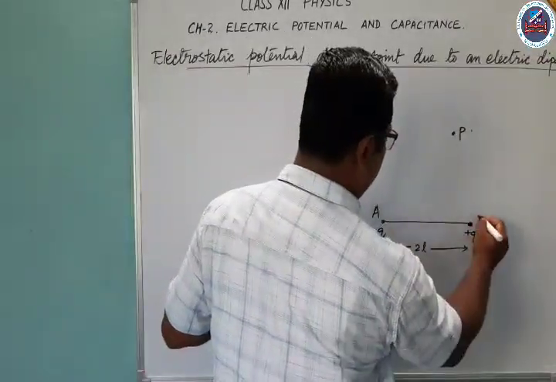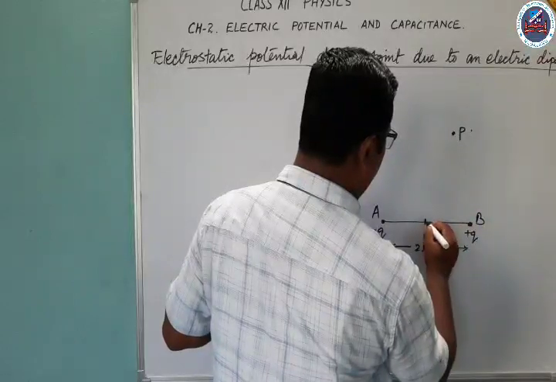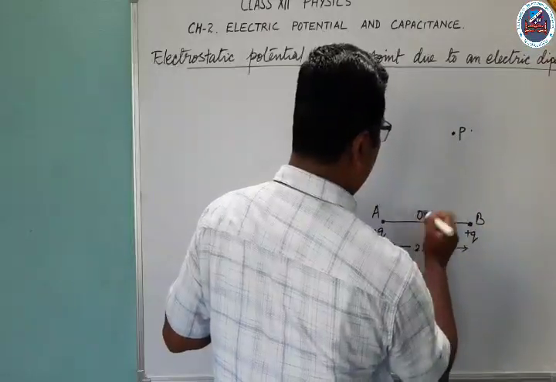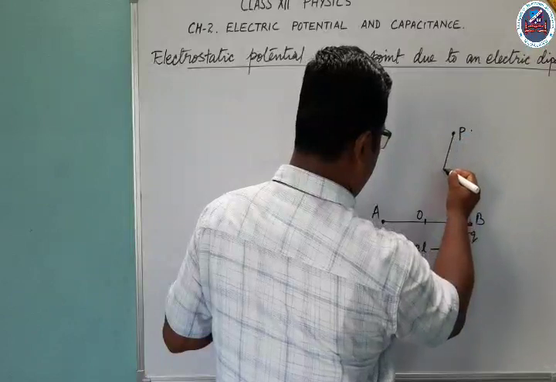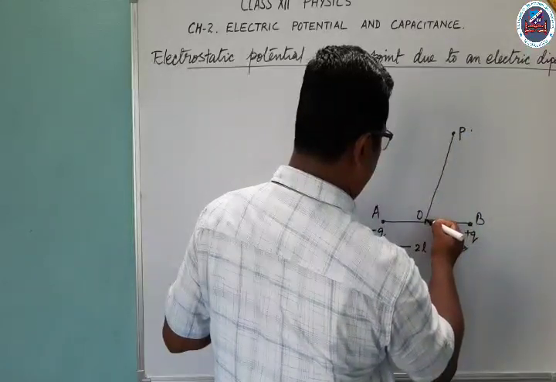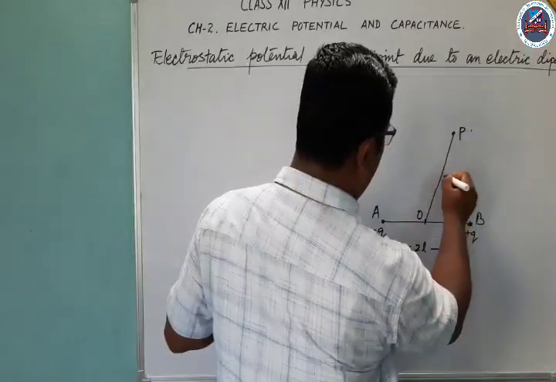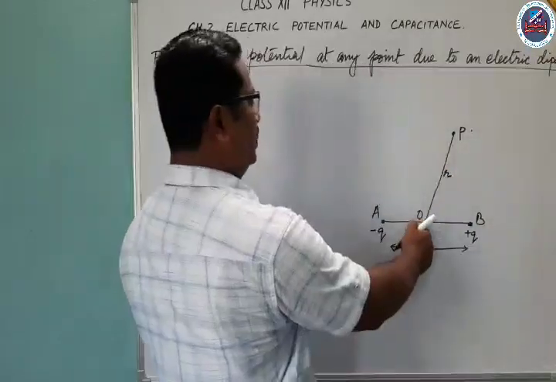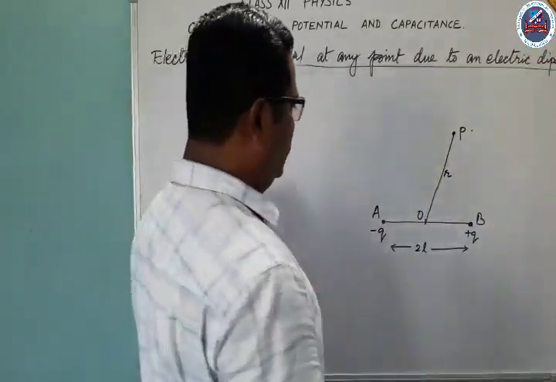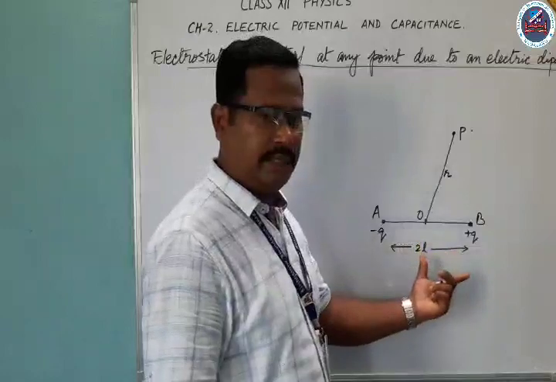This dipole we marked as AB. This is the center of the dipole O. The distance at which I am going to find the electrostatic potential is, suppose, R from the center of the dipole.